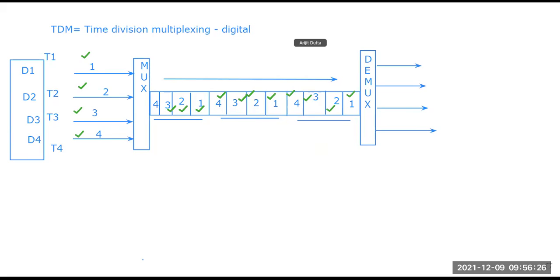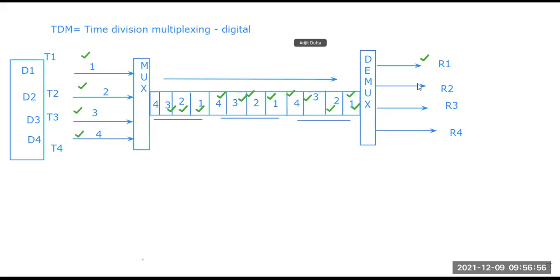Now the data flows like this, and when device one is sending data in its time allotment, the path it passes through will be considered as R1. Then R2, R3 and R4. When D1 is transferring data, it goes up to R1.